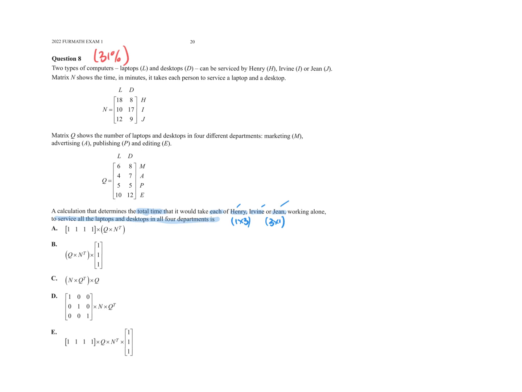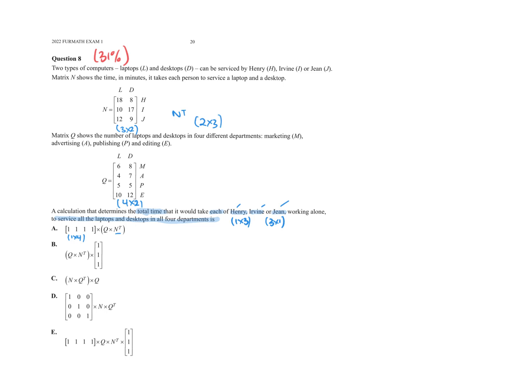So there you go. Sometimes a quick way is to look at what your answer is going to be. If you look at these ones, this one is a 1x4. Now if you look at what they're doing here, it's a Q, which is a 4x2, with the transpose of N. If N is originally a 3x2, then N transpose is going to be a 2x3.